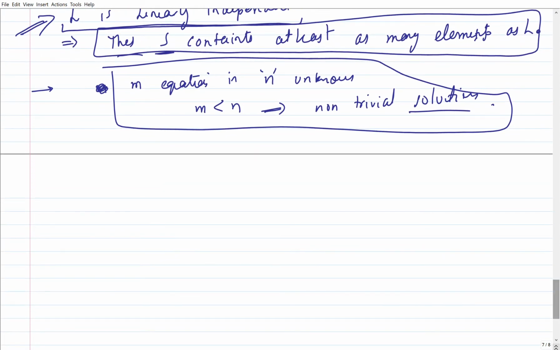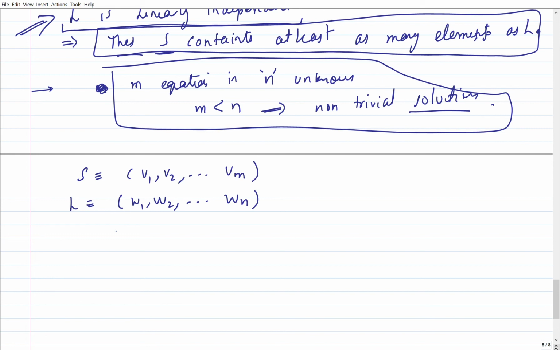So the idea is the following: let S consist of vectors v1 through vm, and L has vectors w1 through wn.